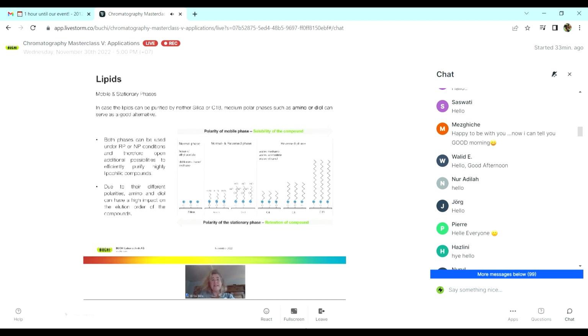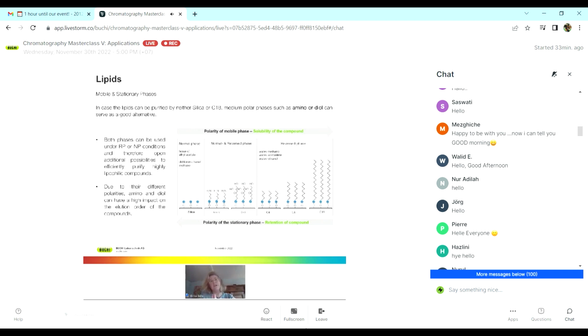The lipids are actually a very good example where maybe normal phase, the silica, and the standard C18 don't work, because maybe with the C18 the lipids are too sticky, and maybe under normal phase conditions there is no retention at all.